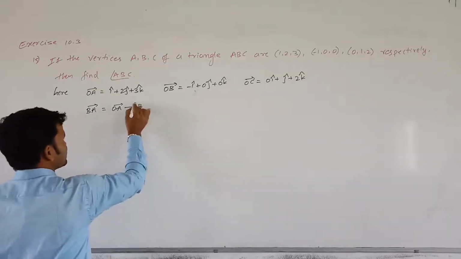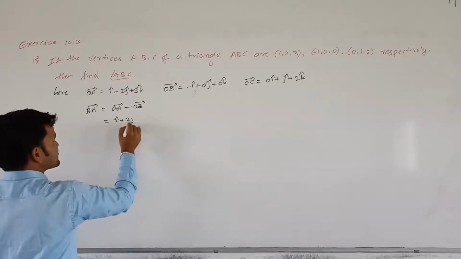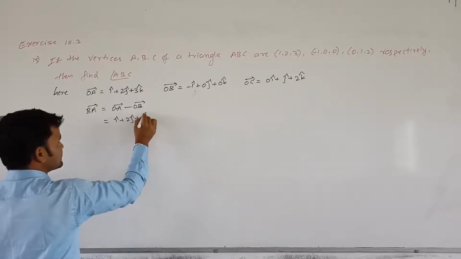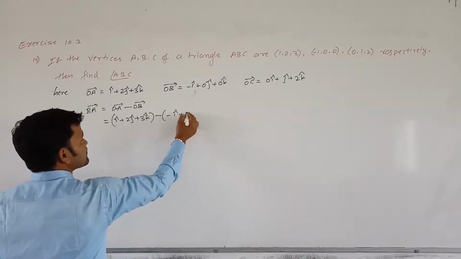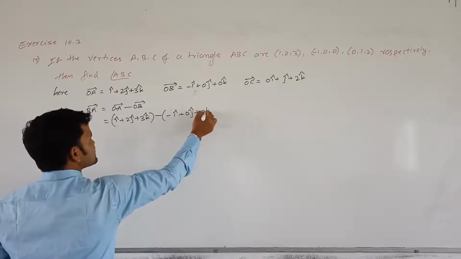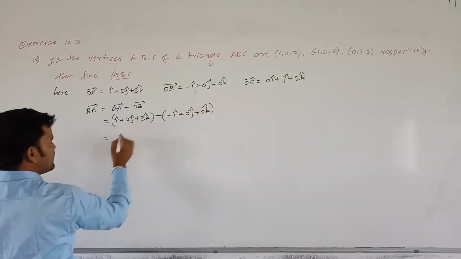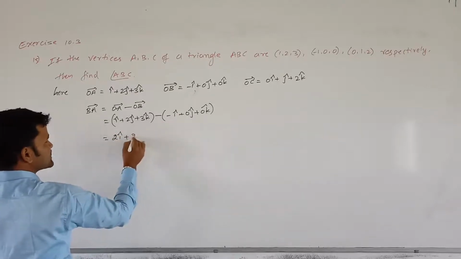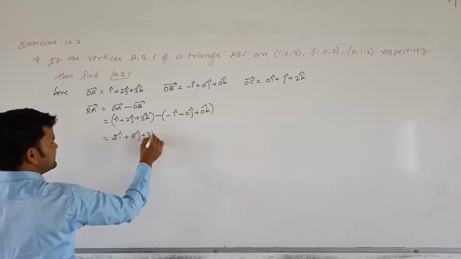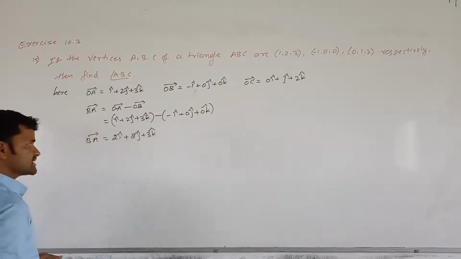OA minus OB it is. What is OA? OA is i plus 2j plus 3k minus of OB, which is minus i plus 0j plus 0k. Now minus minus becomes plus, i plus i, 2i, then remaining part as 0. This will be 2i plus 2j plus 3k. This is vector BA.